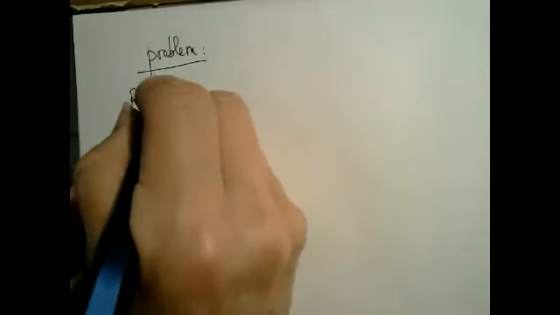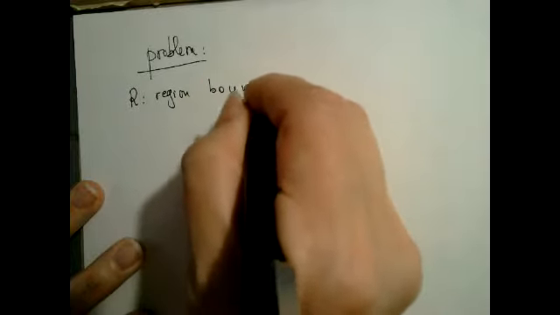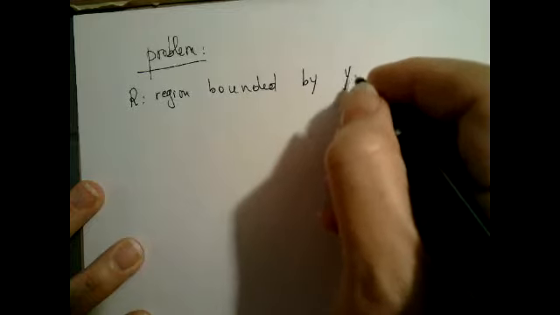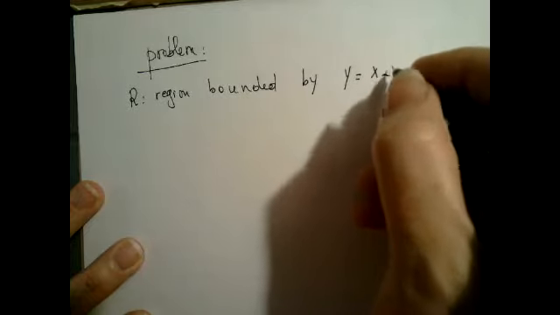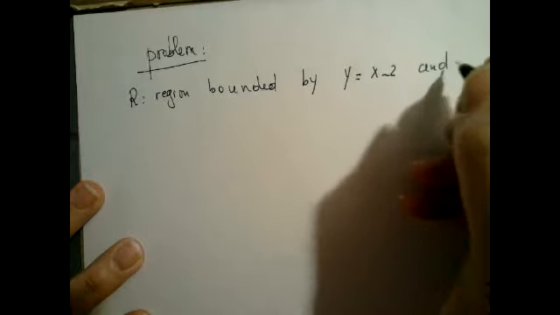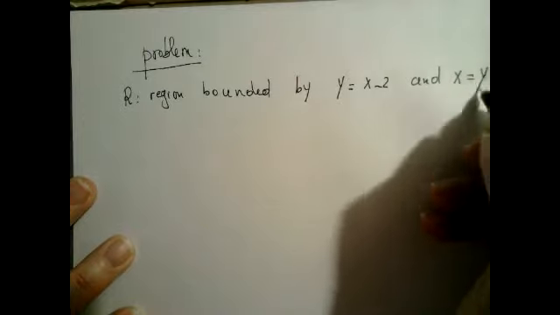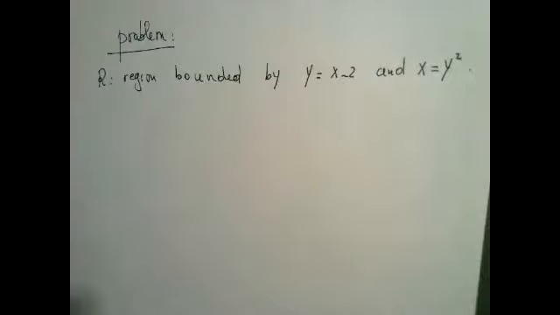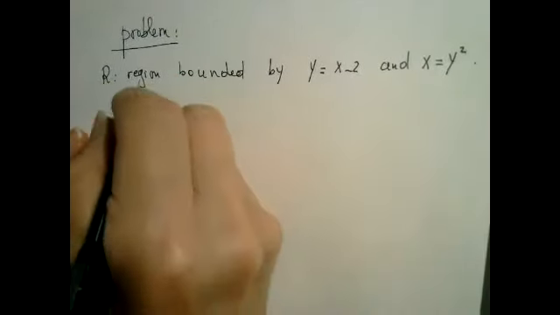So let R be the region bounded by the graph of y equals x minus 2 and, be very careful here, x equals y squared. All right, so R is the region bounded by y equals x minus 2 and x equals y squared. So find the area.